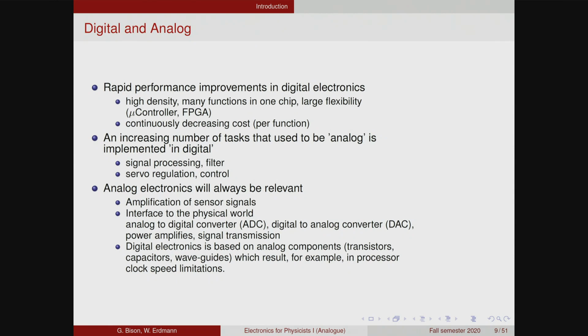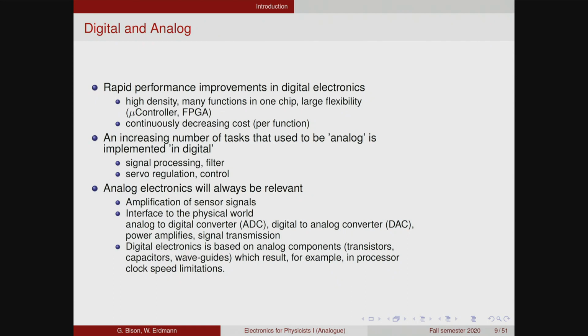And then of course, we're talking about the large improvements that have been made in digital electronics. And those are just possible because analog electronics got better. So the digital processor, of course, each transistor is in principle an analog device. There are transistors, capacitors, and if you go very fast, waveguides. And why don't we have a 100 gigahertz processor in a mobile phone?